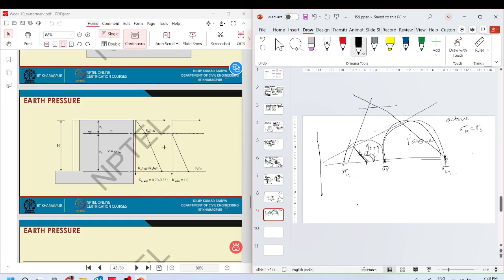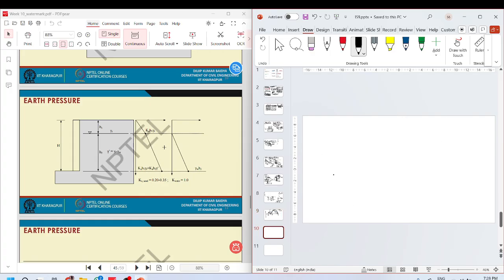And the next thing is, this is your simple retaining wall. What will be the loading on this wall? The loading on this wall will be in this direction.